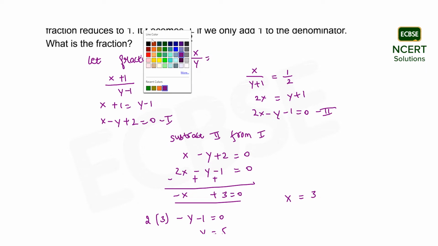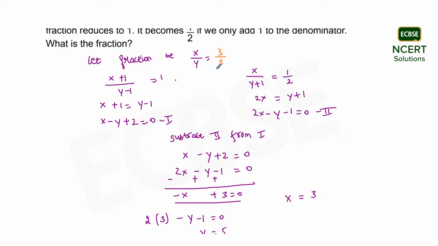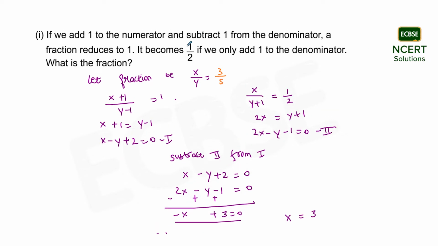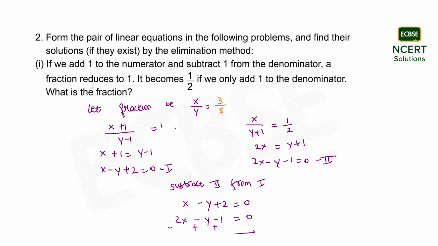Now substituting these values in the fraction x divided by y, it will be 3 divided by 5. So the fraction for this problem is 3 by 5, which was asked in the question. So this was about the first problem of the second question of exercise 3.4.